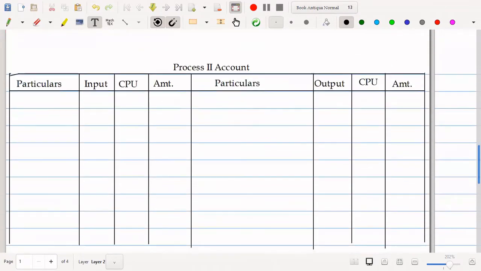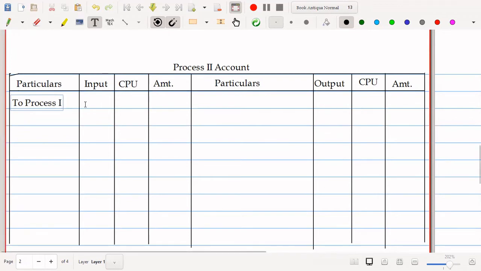So let's write here, to process 1. So what was there? It was 600 tons at rupees 18, and the total was 10,800.